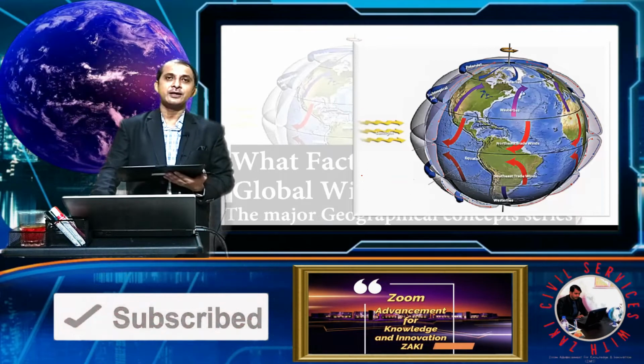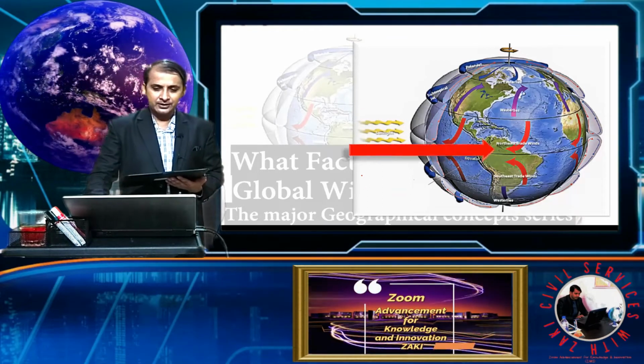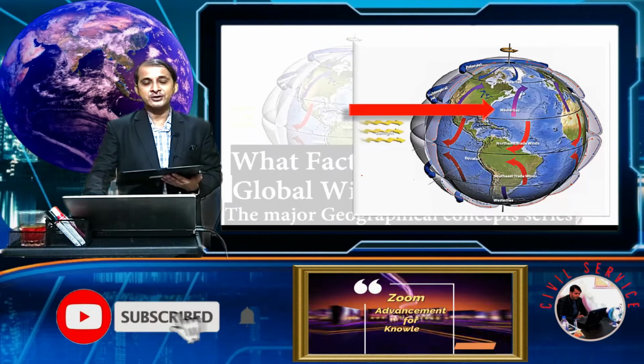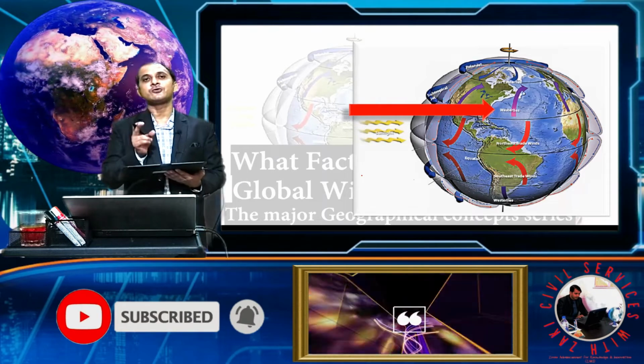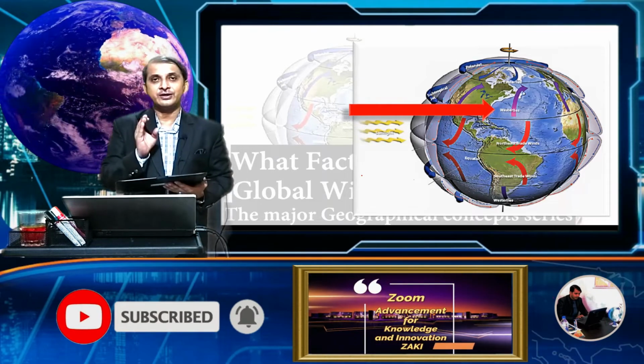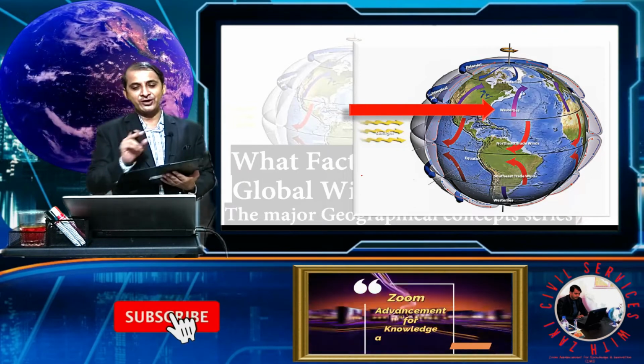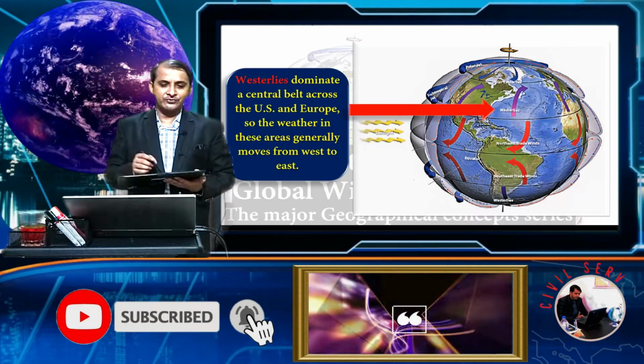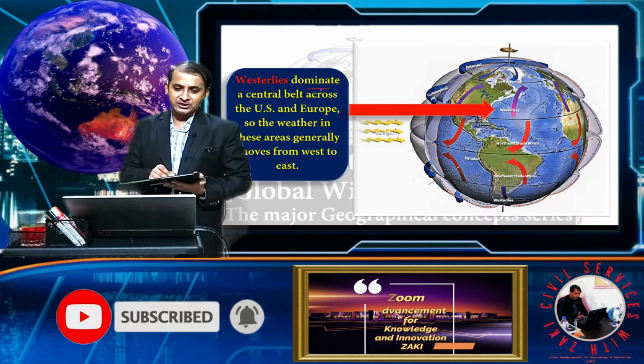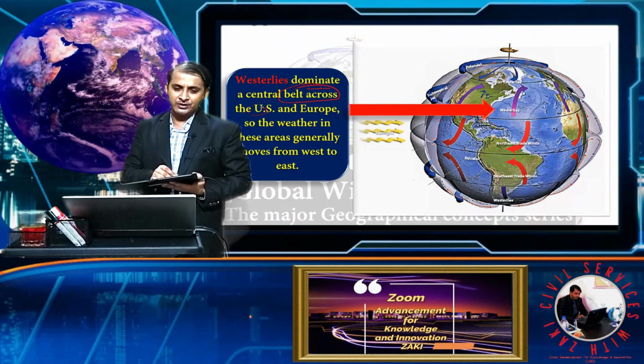Another thing is the easterly wind, and first the westerly, because the westerly is a very significant wind for European countries, the United States, etc. Westerlies dominate in the central west across the US and Europe.